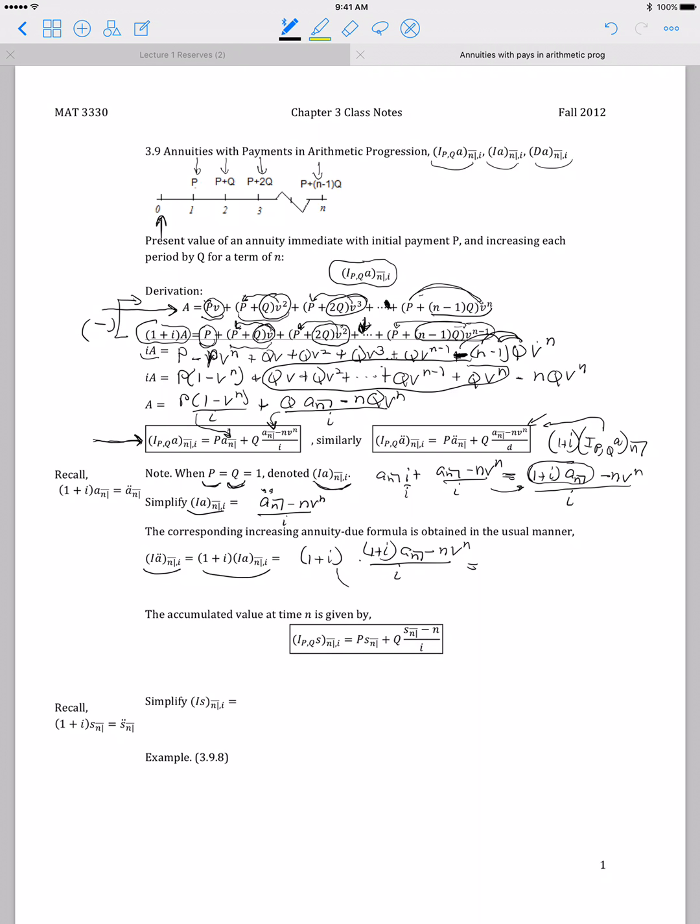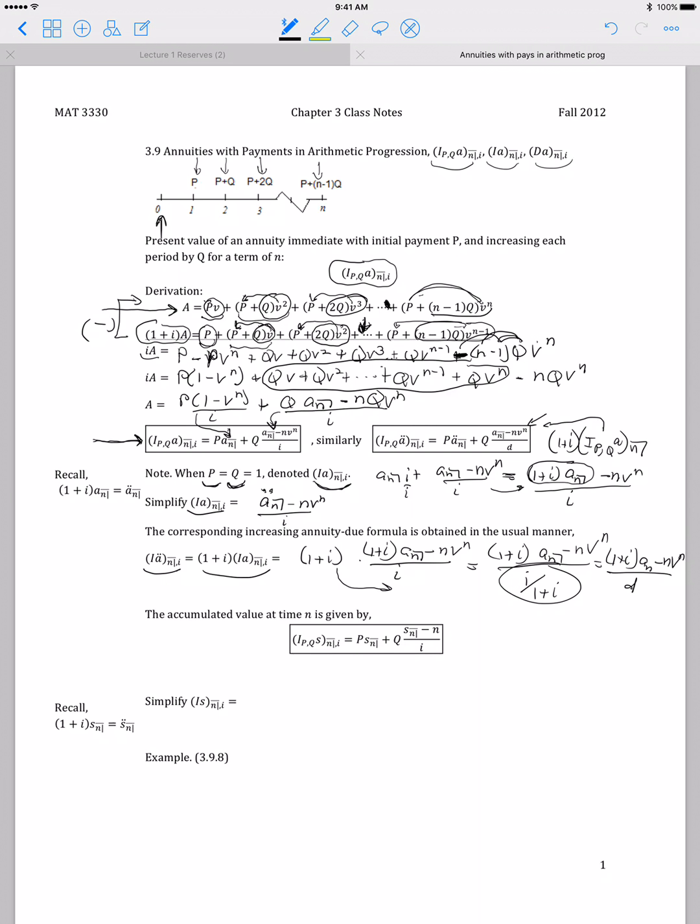And the 1 plus i can actually come down to the denominator. In this way, and then this is the d. So that's how we're used to seeing the relationship between an annuity immediate and an annuity due formula. The denominator changes from i to d, and it happens again in this case.